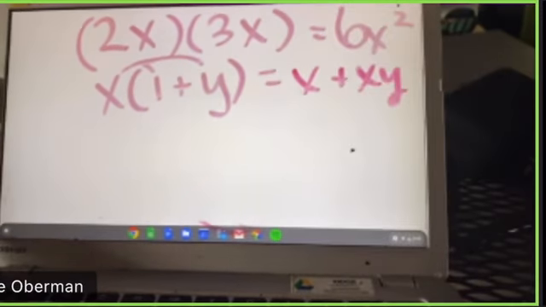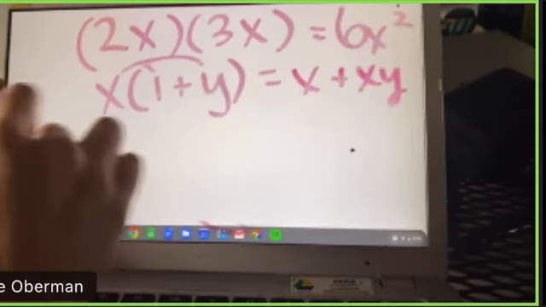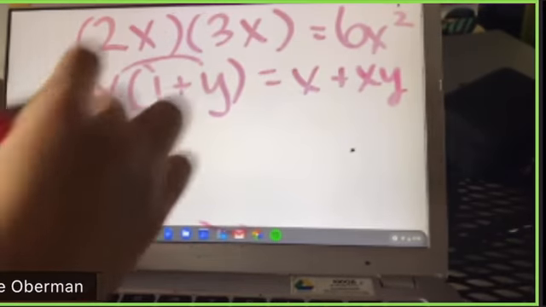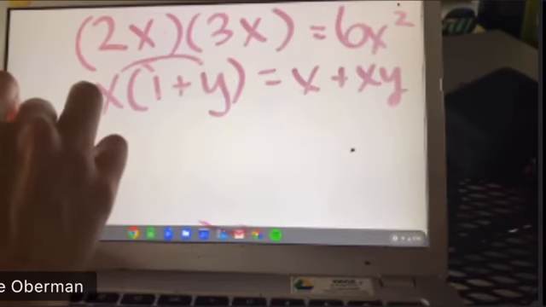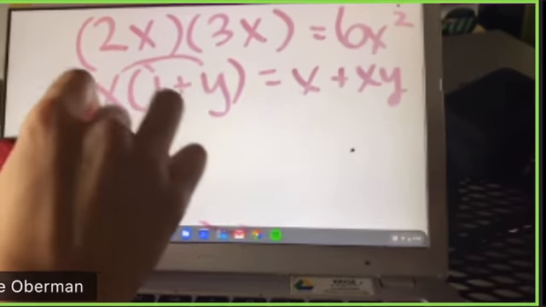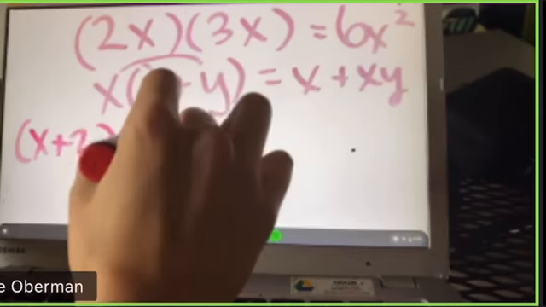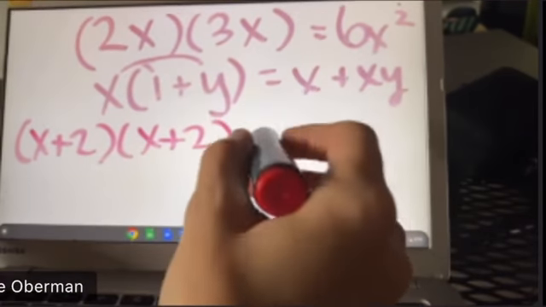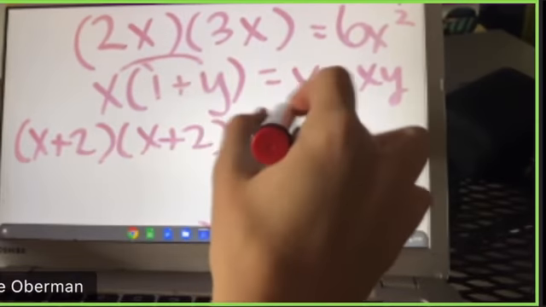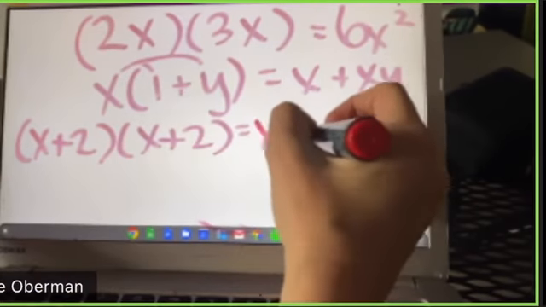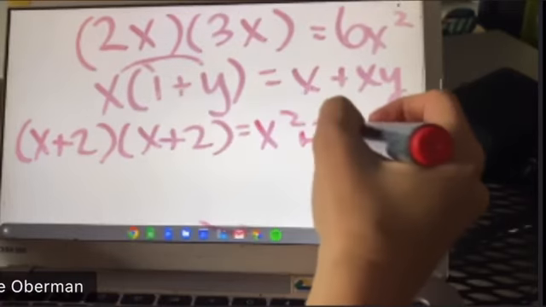So the next step up from that, because we had monomial times monomial, monomial times binomial, then we get binomial times binomial. So let's say x plus 2 times x plus 2. That's when you FOIL. So you would have x squared plus 2x plus 2x again plus 4.